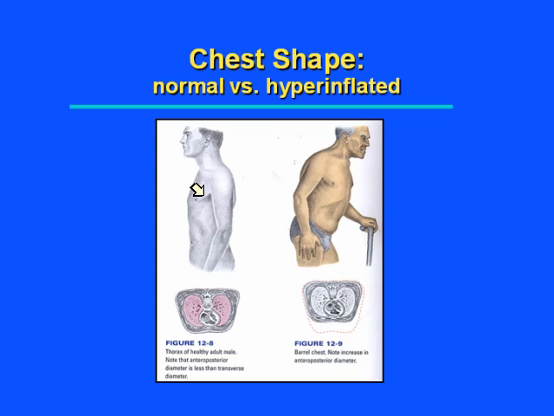The figure on the right here has a chest which is broader from front to back. And of course, this varies, and there's a variation of normal, and you really won't be able to pick this up except in some extremes. But it's useful to look for.